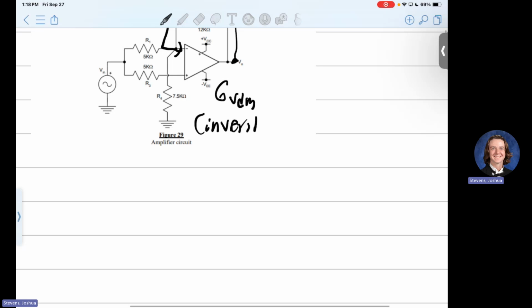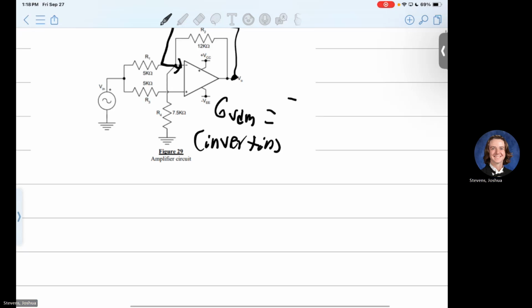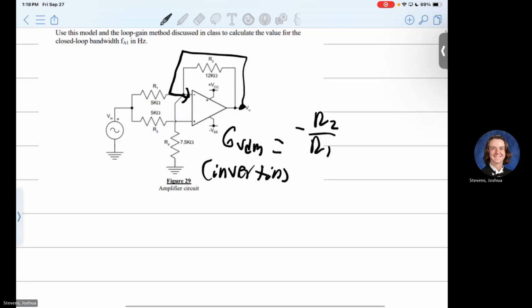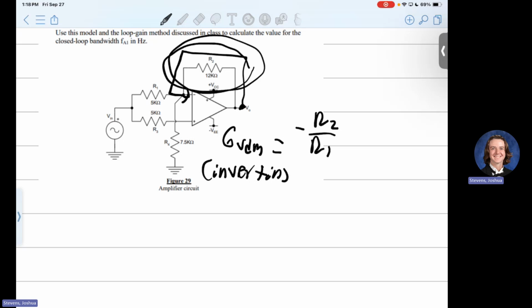GVDM for inverting is negative R2 over R1, where R2 is the one coming back from the output, the feedback, and R1 is the stuff coming in from the input side.